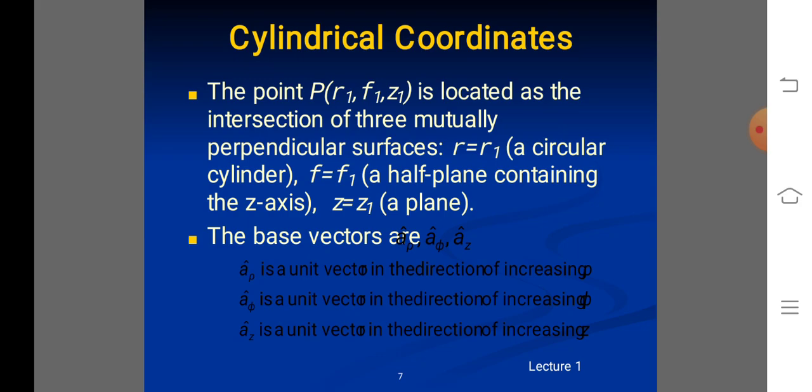That rho, phi, z forms the unit vectors or base vectors. The a_rho vector is the direction of rho, the a_phi vector is the direction of phi, and the a_z vector is the direction of z.